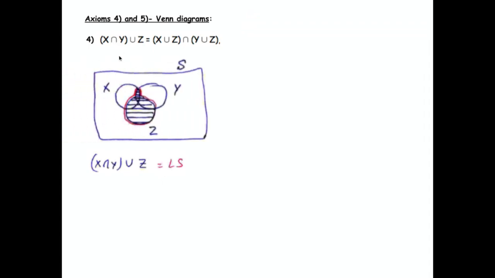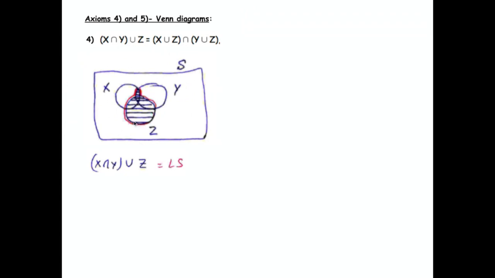So, what do we have here? We have the union of x and y. Let's say that x and y overlap a little bit, but their union is going to be this whole upper area, the two overlapping white circles. Stop me if it becomes unclear. And then when I intersect that with z, here we have a z that partially overlaps it.